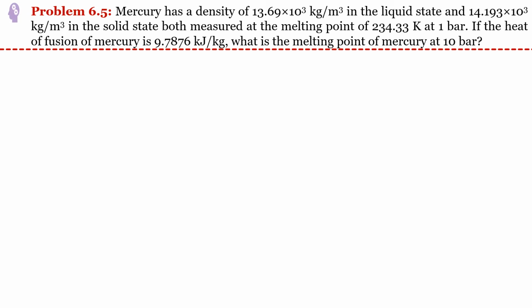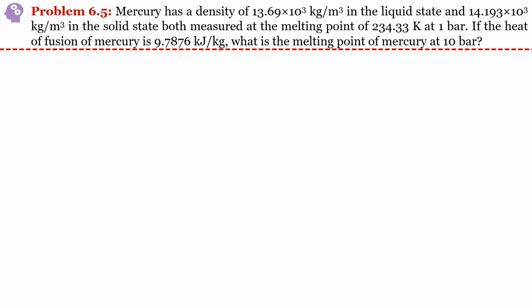So here we have to find the melting point, and the volume is given when mercury is in liquid state and in solid state. The first question is: can we use the Clausius-Clapeyron equation, yes or no?